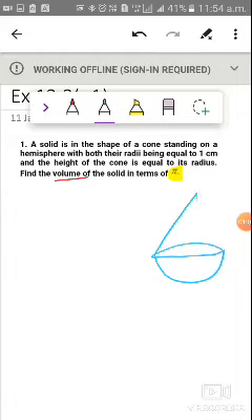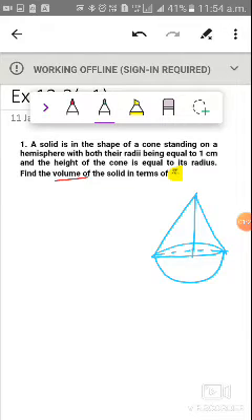This is our cone which is standing on the hemisphere. Both are having the same base with their radii being equal to 1 centimeter, and the radii of both the cone and the hemisphere is 1 centimeter.